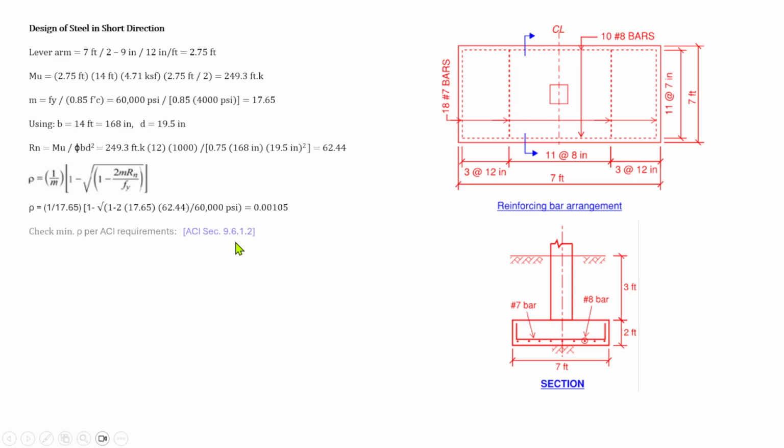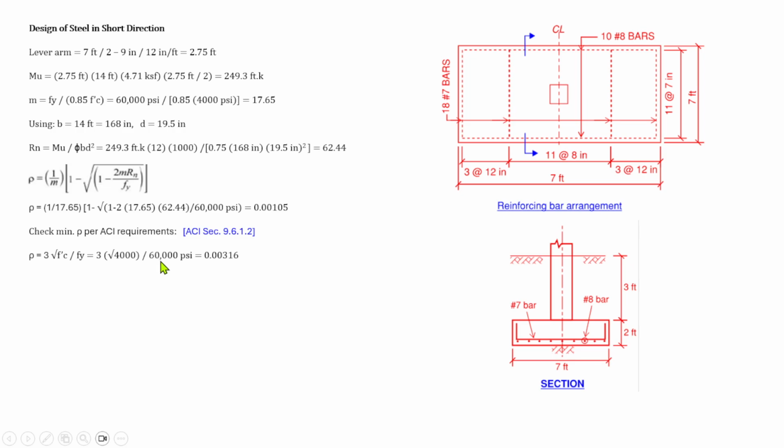So the next one is to determine the minimum requirements of the steel bars. We have the minimum requirement for rho from the ACI section 9.6.1.2. So rho is equal to 3 times the square root of fc prime over fy. That is equal to 3 square root of 4,000 psi over 60,000 psi.